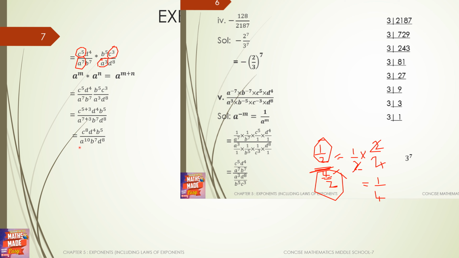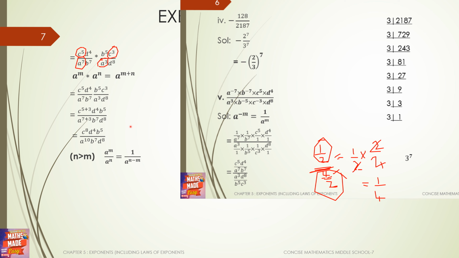So when you add it, you will get c to the power of 8, d to the power of 4, b to the power of 5 by a to the power of 10, b to the power of 7, d to the power of 8. Now you can apply the formula a to the power of m by a to the power of n for d as well as for b. Right?